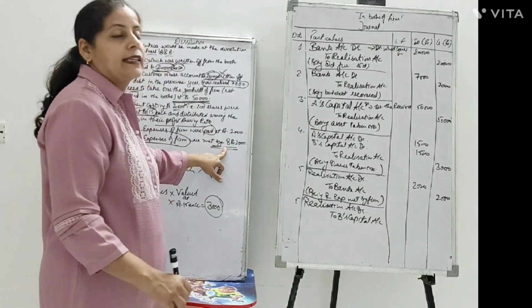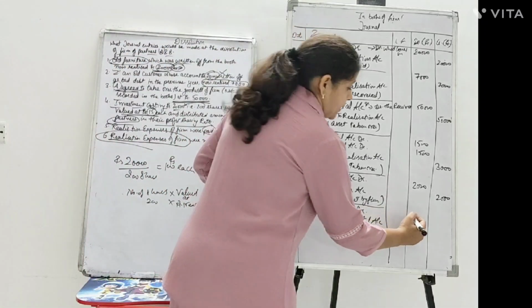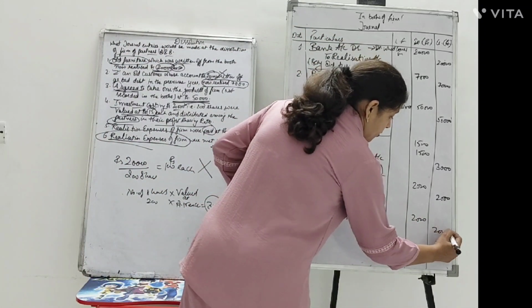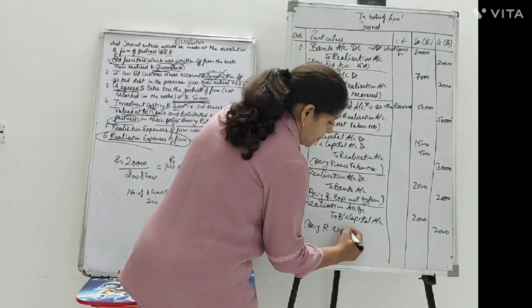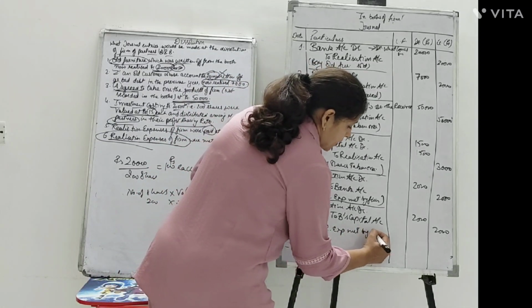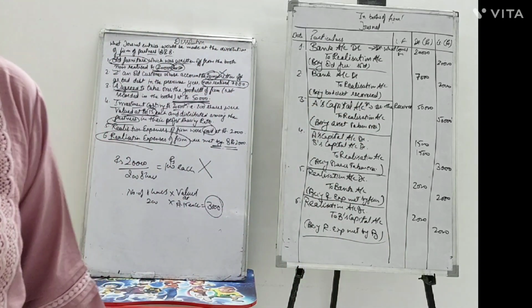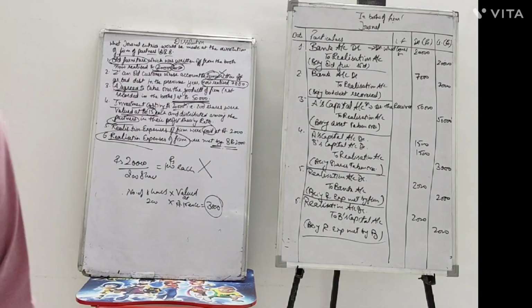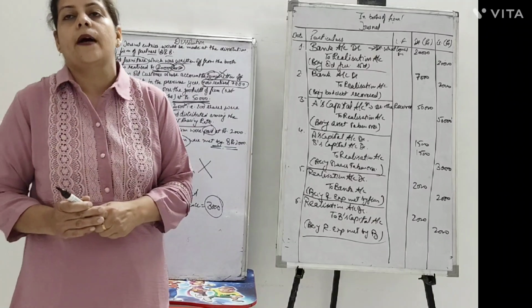Who is the giver? B. So B should be credited with rupees 2,000 here. The narration is: being realization expenses met by B. So the point is done. If the expenses are met by the firm, realization to bank. If met by the partner, then realization account debit to partner's capital account.